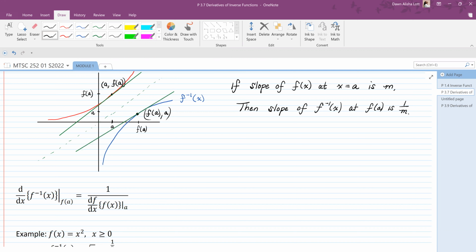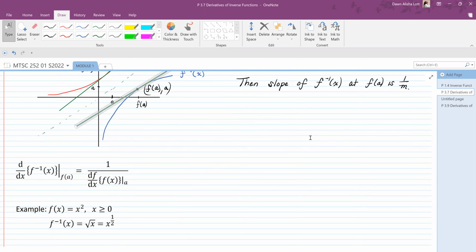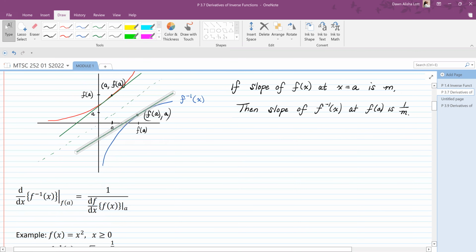All right, so now what we want to be able to say is, what is the derivative at f of a on the inverse function? All I need to do is find the derivative of f of x and evaluate it at a. Okay, so if the derivative of f of x at a is m, then the derivative of the inverse at f of a is 1/m.